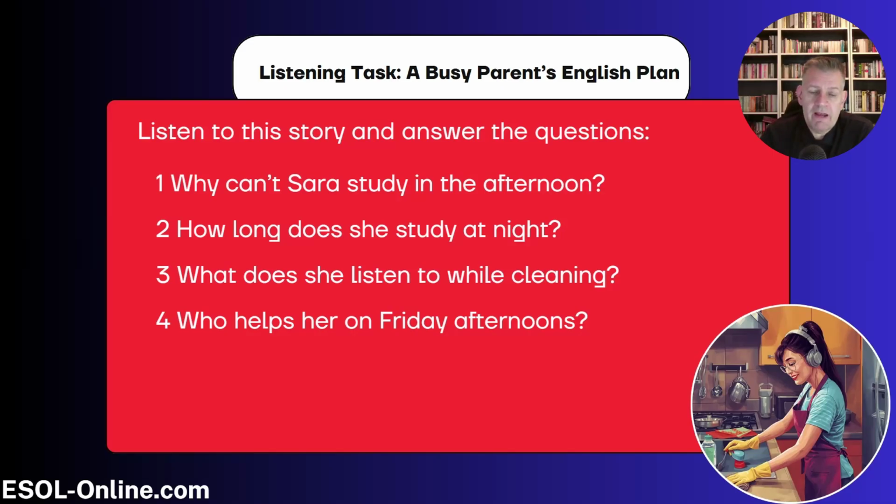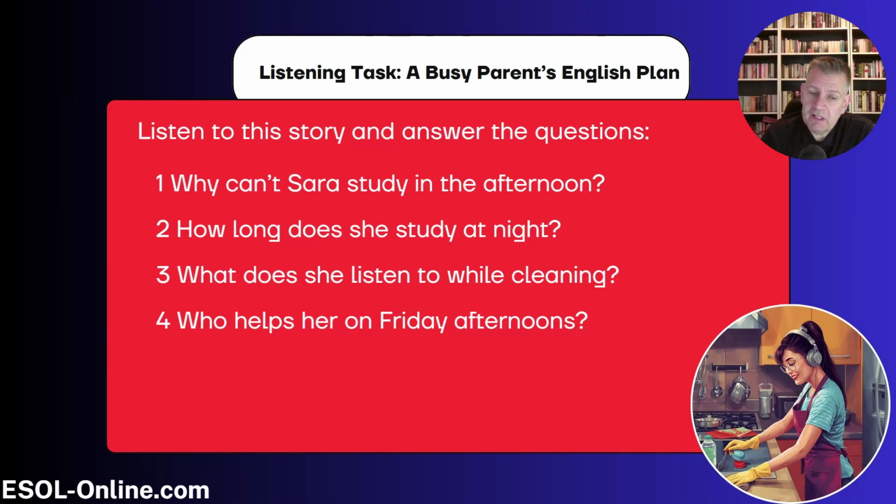My name is Sarah and I have 2 young children. I want to study English, but my house is always noisy. I can't study in the afternoon because my kids run around and play loudly. So I make a small plan. Every night after the children go to sleep, I study for 30 minutes. I take an online video lesson or I read a simple story.